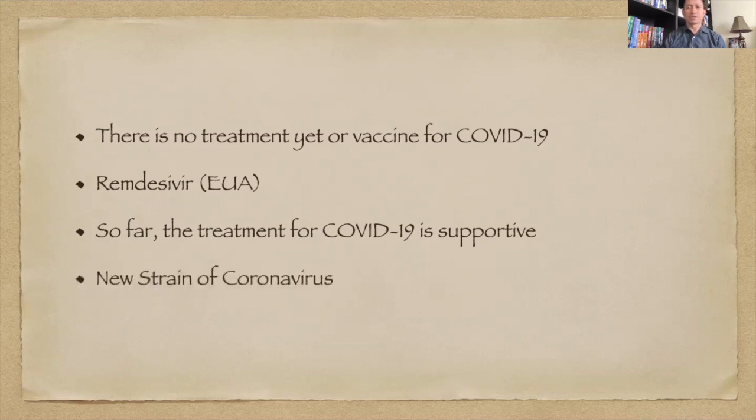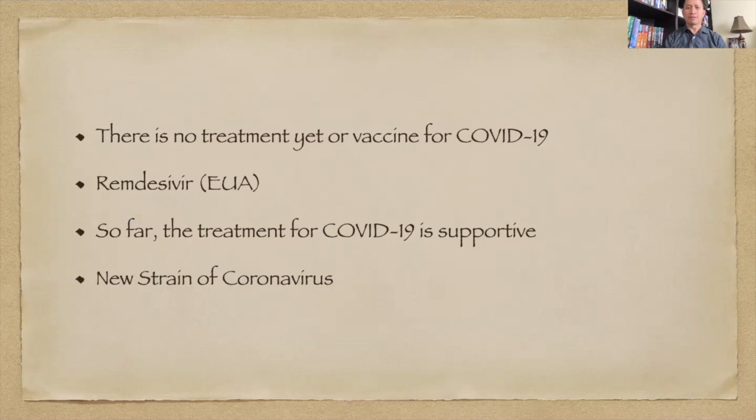Now, a few days ago, Dr. Anthony Fauci, the infectious disease expert in the United States, mentioned that there is a new strain of coronavirus. The research pointed out that this strain originated in Italy. Remember, the coronavirus came from Wuhan and the infection went to Europe, New York, and other parts of the world.